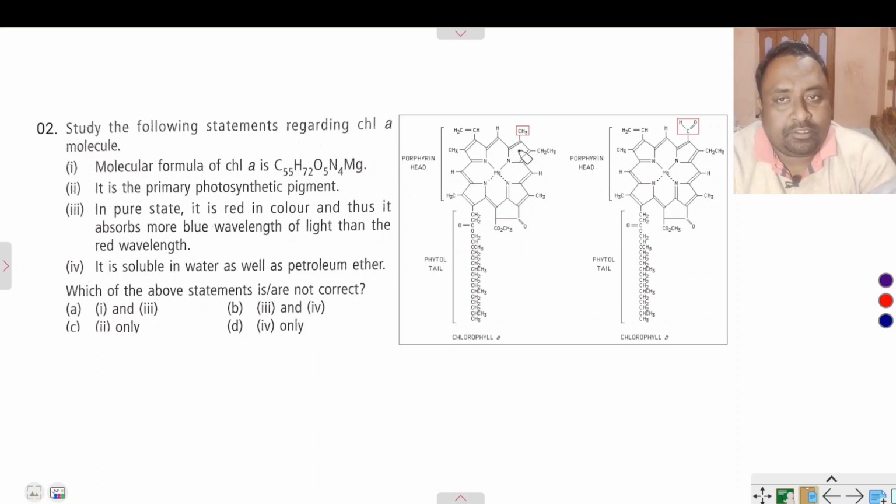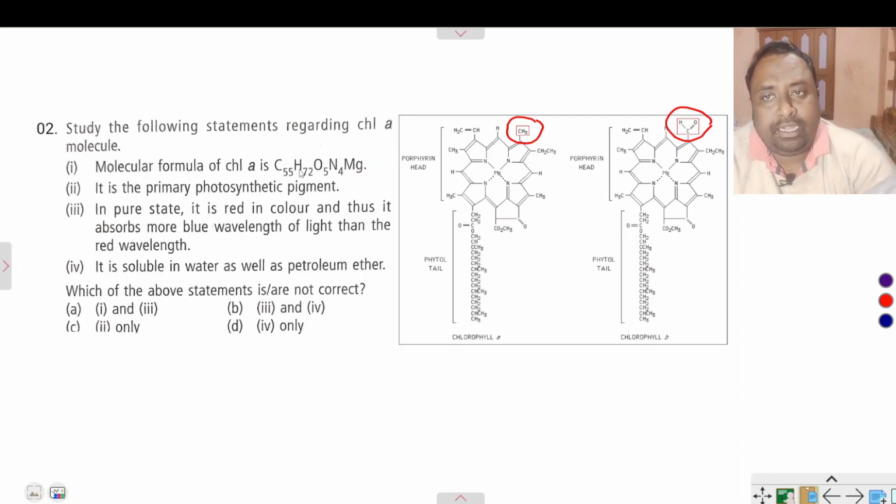One magnesium is present at the center, with four nitrogens and four pyrrole rings. In the third ring, chlorophyll A contains a methyl group, but in the same place in chlorophyll B, a carboxyl group is present.